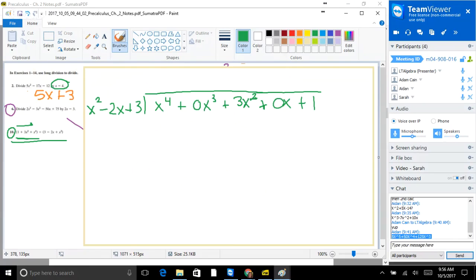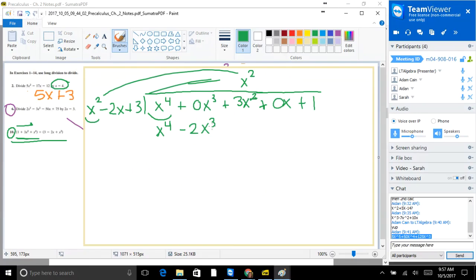Okay, so now we want to look at our first term, which is x to the fourth, and we have an x squared. So that's pretty easy. The first thing we're going to multiply by is x squared. So when I write that in, that's going to go over my x squared term down here, right? So I need to multiply each term. Okay, so x squared times x squared is x to the fourth. x squared times negative 2x is negative 2x cubed.